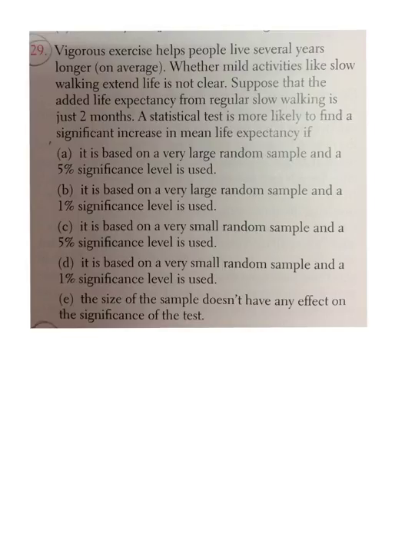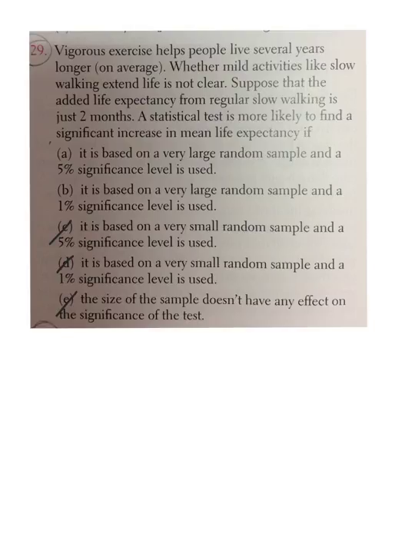Okay, on this one, let's see. You know, a larger sample gives us better data. So we're probably going to get rid of the ones that say small sample. Right there. And so now we have to decide, we want to kind of reject the null hypothesis in favor of our alternative hypothesis, which is people live longer, okay?